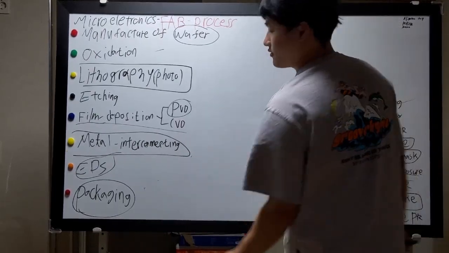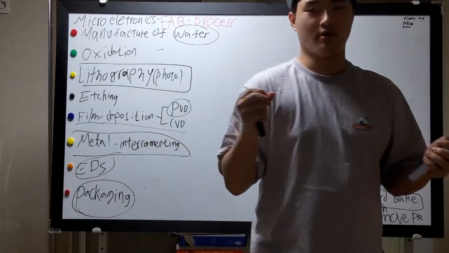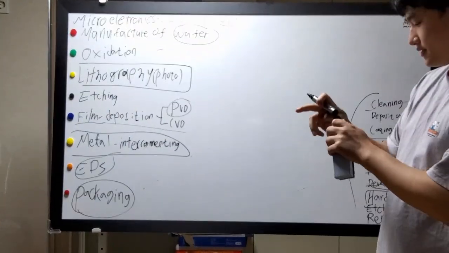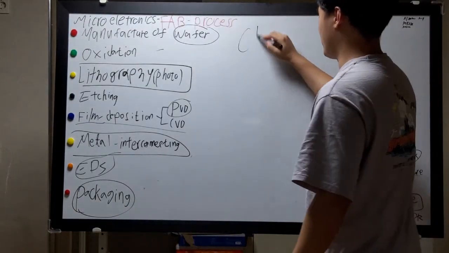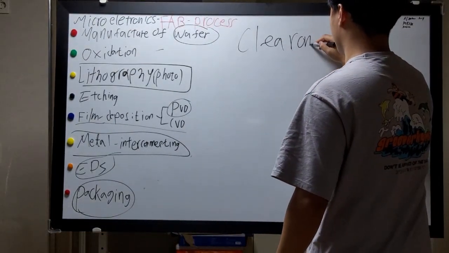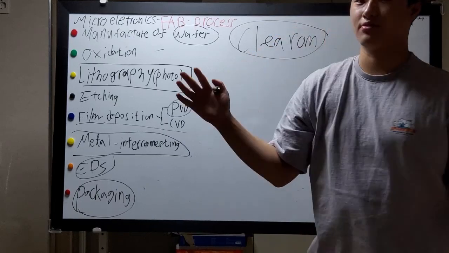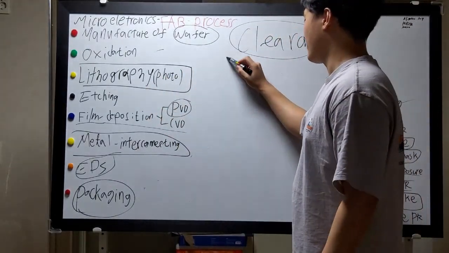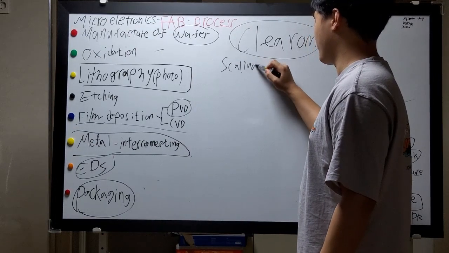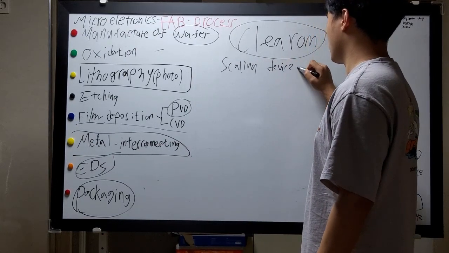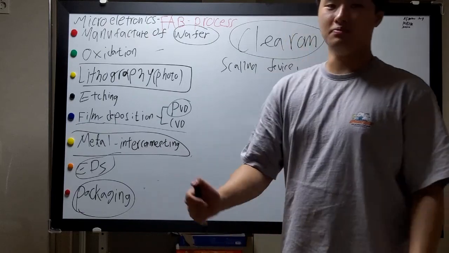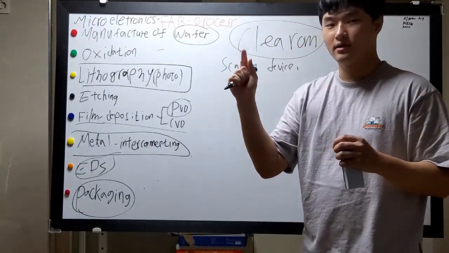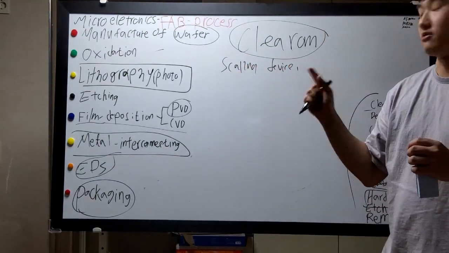So when fabricating semiconductors or microelectronics, we must be in a super clean room. What does it mean? Dust is an obstacle, and as the device scales down, even one tiny dust can cause a fatal processing error.